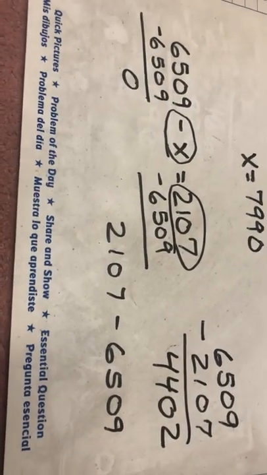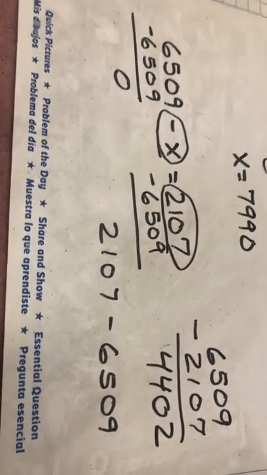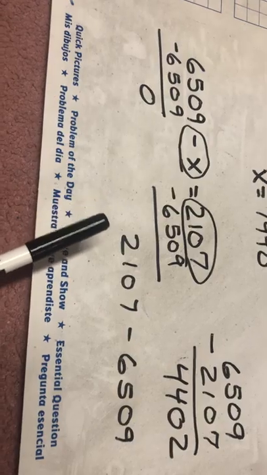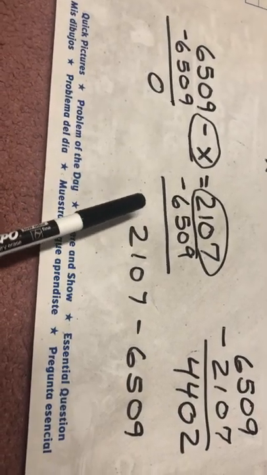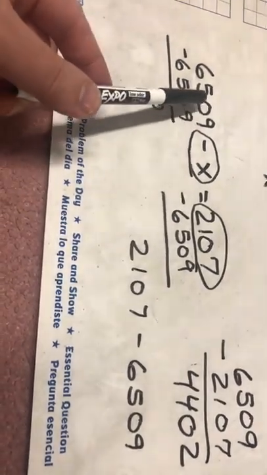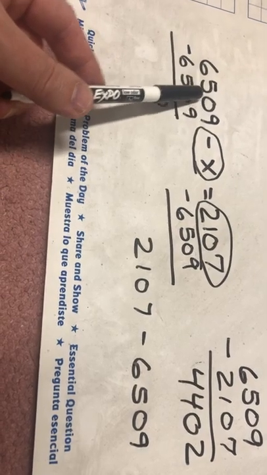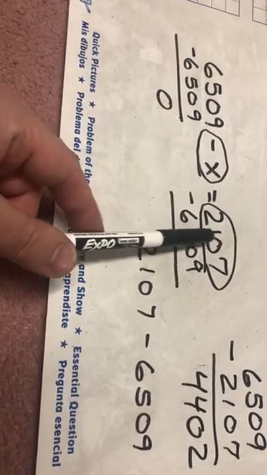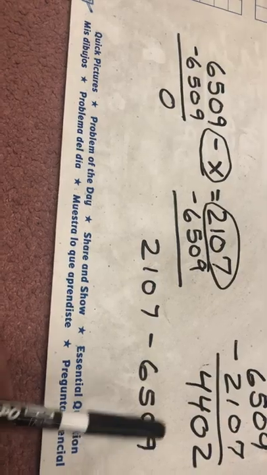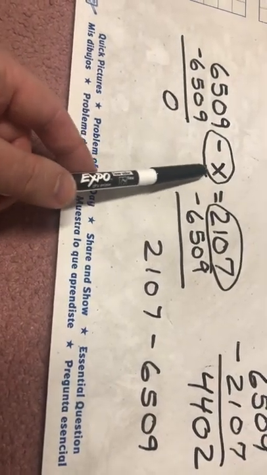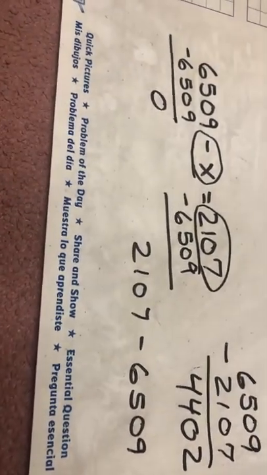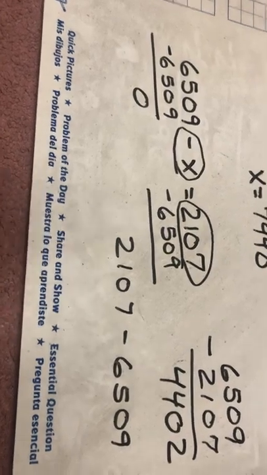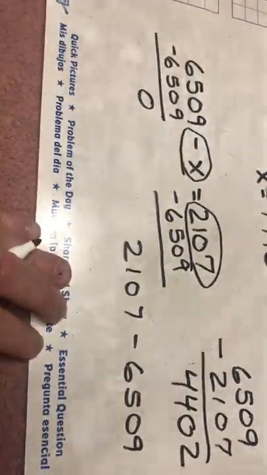I want you to see the math of it, but I also want to point out, fifth grade, to make it much easier: all I really did was take this first number, 6,509, and subtract 2,107. That's all I did, and that gave me the value of x. So I want to point out how easy it is to figure that out, even though it's a little different.